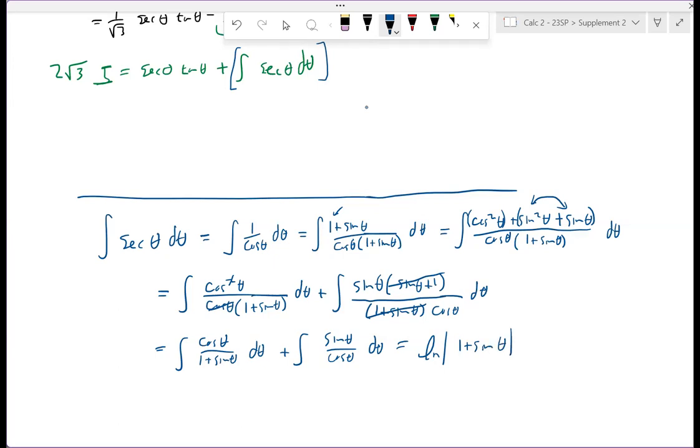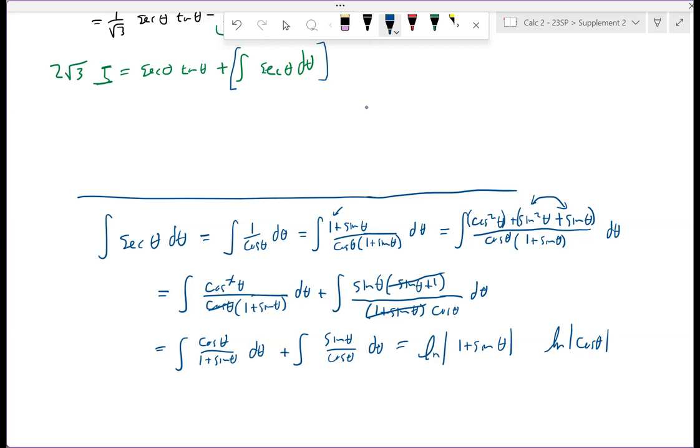So log absolute value of 1 plus sine theta. Right? If I differentiate that, I get 1 over 1 plus sine theta. The derivative of sine theta is positive cos theta, so everything works out with the constants and signs. And the second bit is going to be a log absolute value of cos theta. If I differentiate this, I get 1 over cos theta.